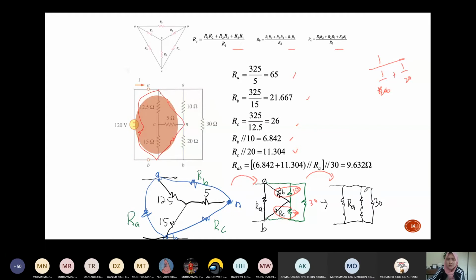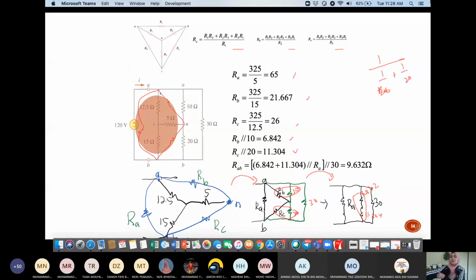Now my circuit is, this is R equivalent 1, which is 6.842, and this is R equivalent 2, which is 11.304. Now you can further simplify to calculate the R equivalent. You know that these are in series.